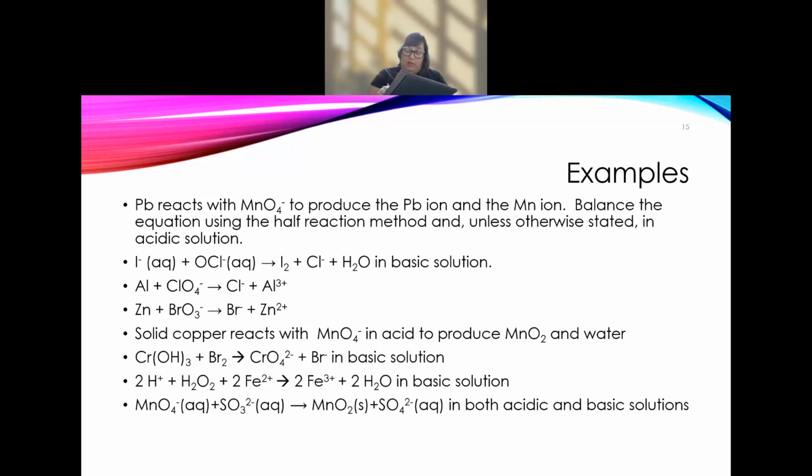So that's 2H+ + 3SO3 2- + 2MnO4- goes to 2MnO2 + H2O + 3SO4 2-. Now, since I also want to do this in basic solution, I'm going to add 2 OH- to both sides.